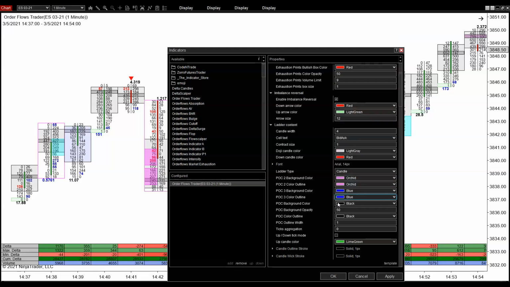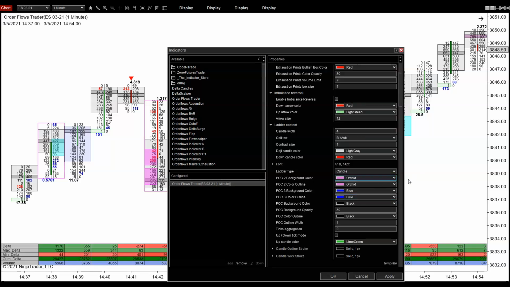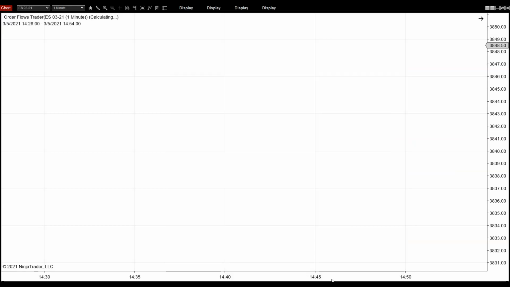Okay, so the regular POC will just remain black, and POC level 2 is going to be Orchid. It's kind of a strange color. I'll change it to red, so a little easier. Well, I don't want to change it to red because that might interfere with your slingshot. But just let it come up here.